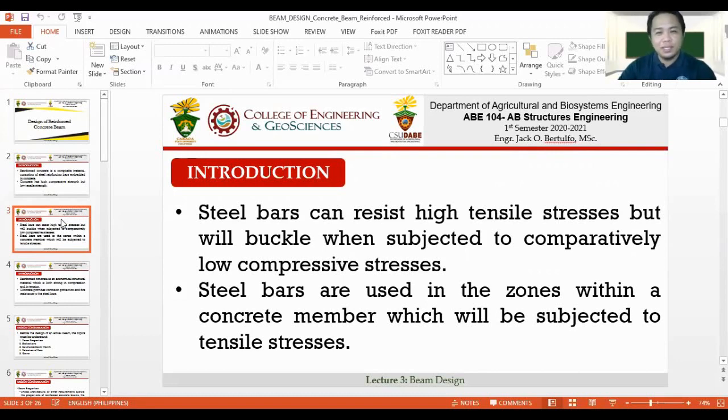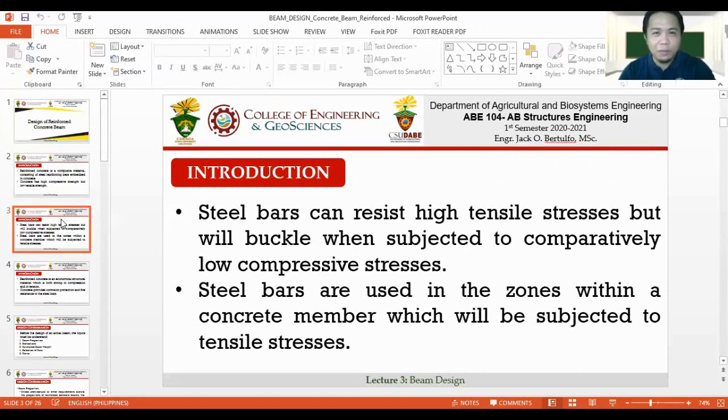So that's why, to utilize these properties, we need to combine them. Proper zoning is important in this part. Steel bars are used in zones within a concrete member which will be subjected to tensile stresses.